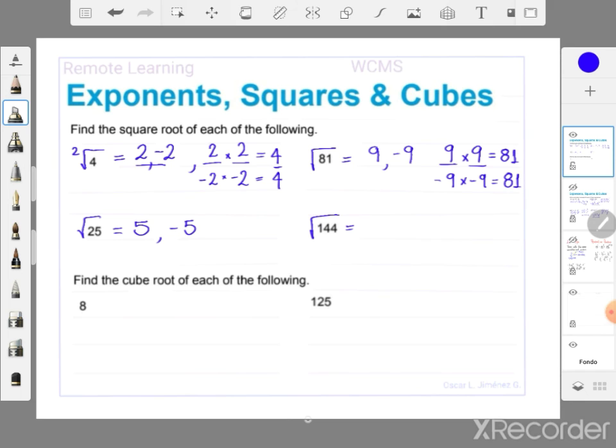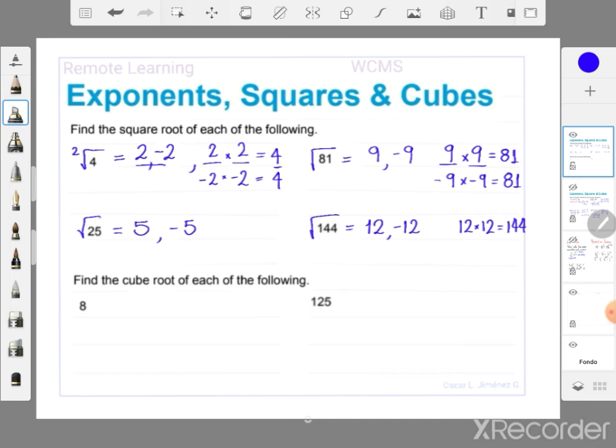Which number multiplied by itself is 144? The answer is 12 and negative 12. Why? Because 12 times 12 equals 144. The same for negative 12.